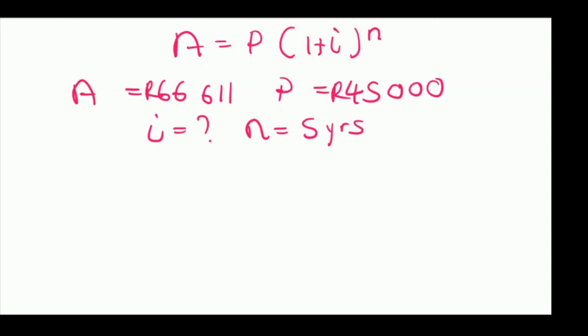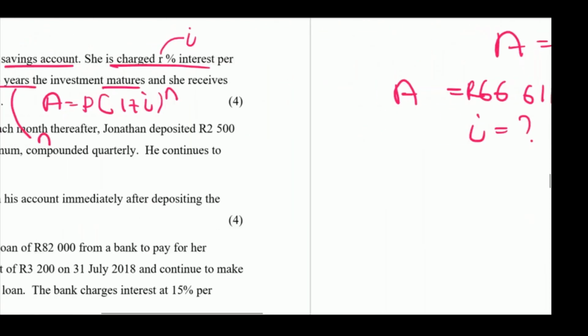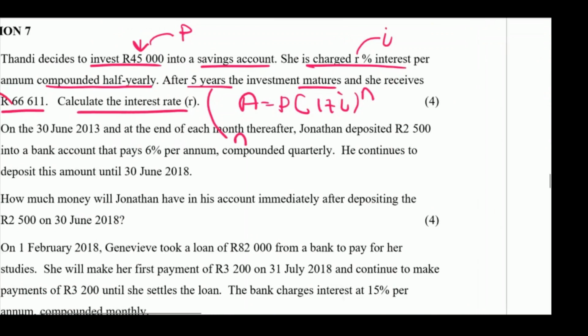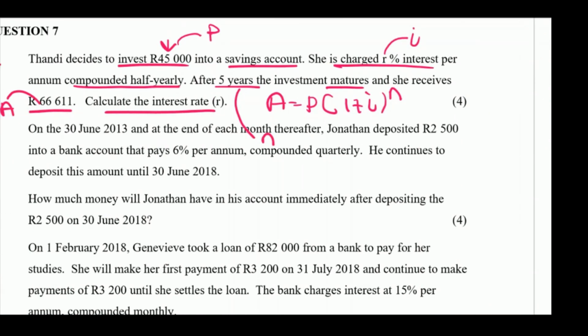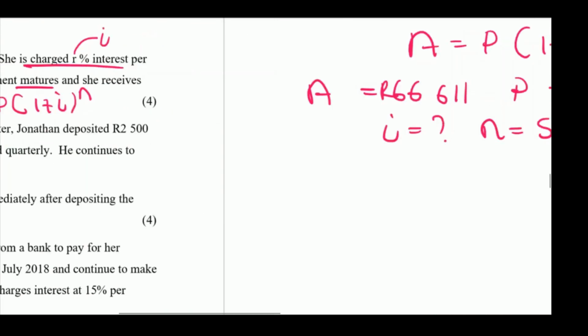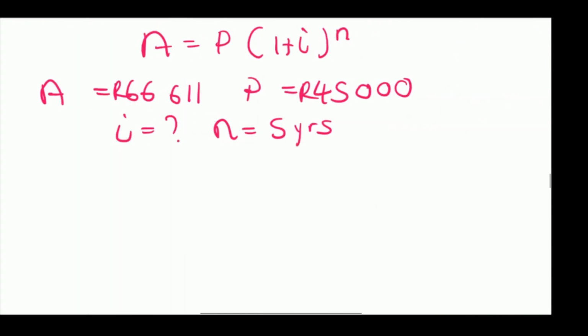And another thing that we need to note is that this investment was compounded half yearly, right? So this portion here is really important. It's compounded half yearly, which means we're just going to divide by 2 here and then multiply by 2 there.